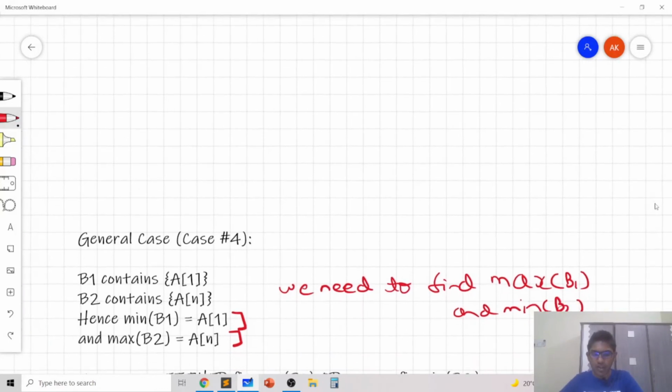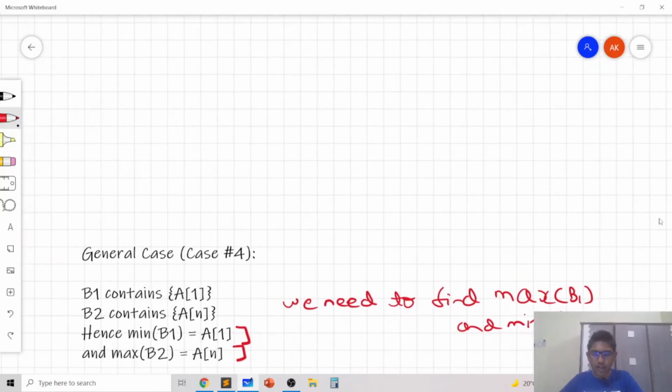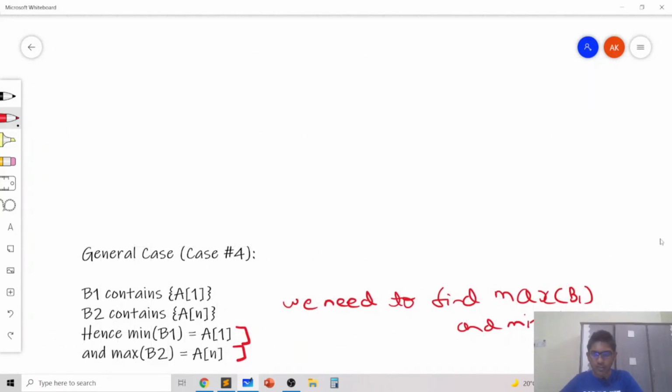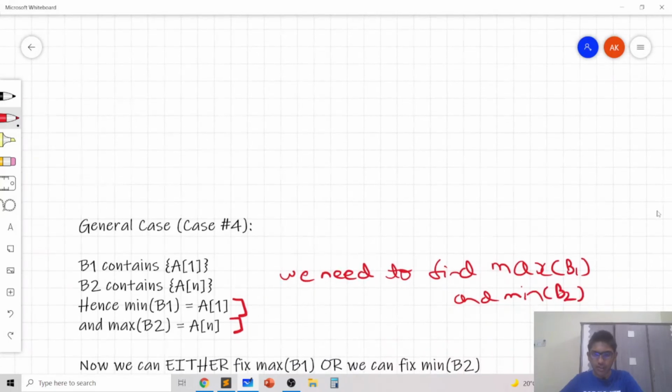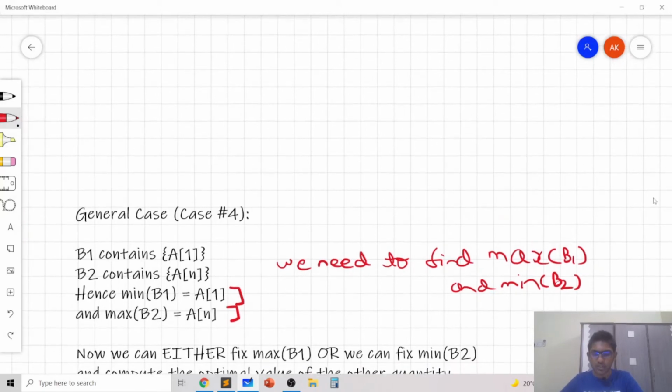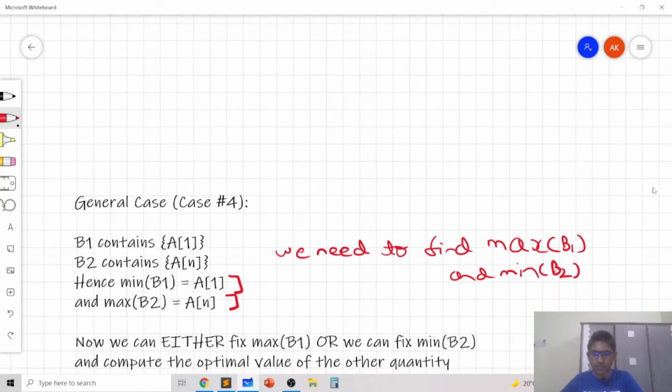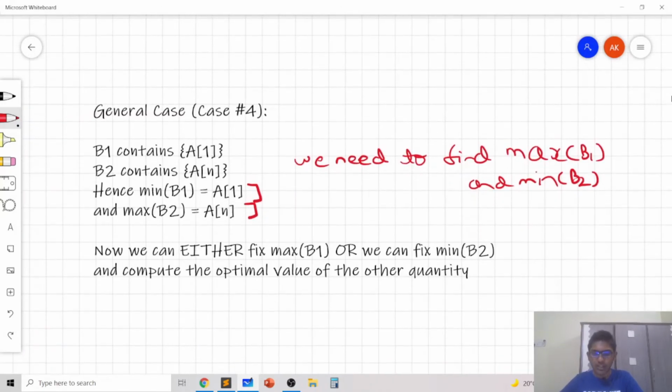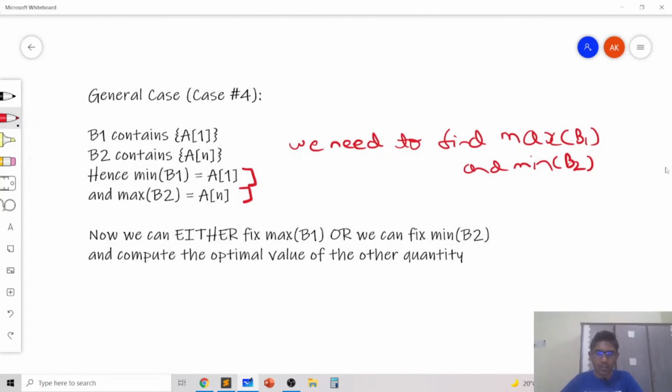Now we can perform two kinds of strategies. The first strategy is when we fix the maximum of B1, and the second way we can approach this is by fixing the minimum of B2. We can fix either of these two quantities by basically iterating the array from 2 to n minus 1 with this quantity, and we can compute the optimal value of the other quantity.